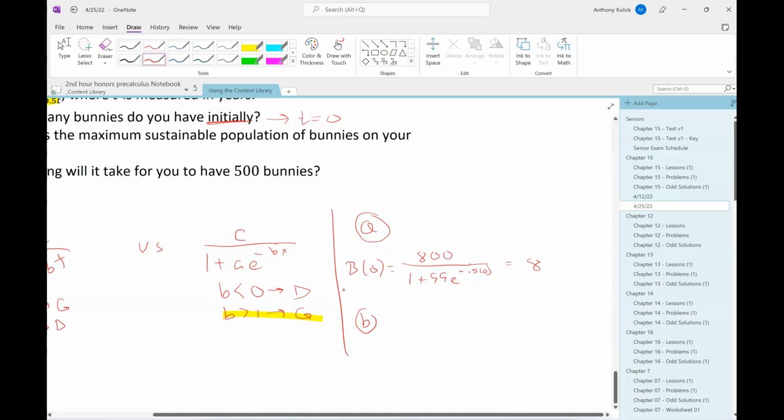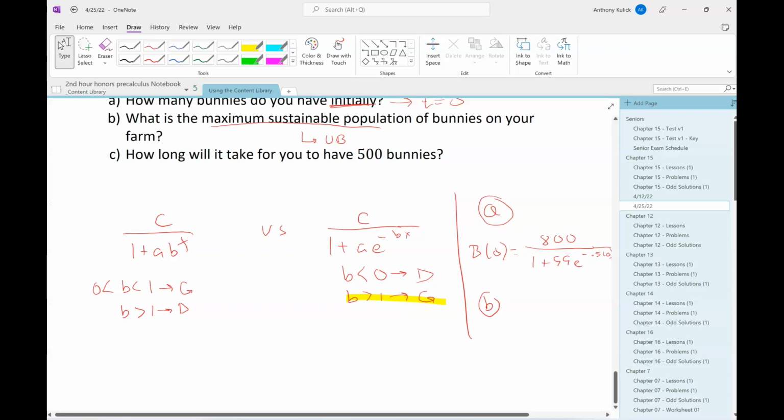Part B, the maximum sustainable population is really just the upper bound for the function. For a logistic function, do you remember the upper bound? It has an upper bound and lower bound. The upper bound is at C, and the lower bound is always 0.